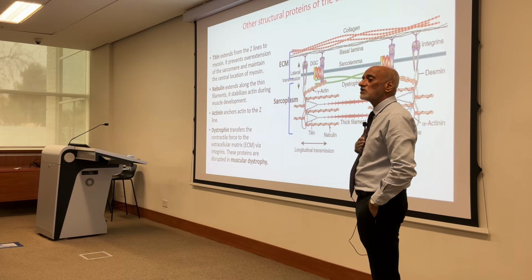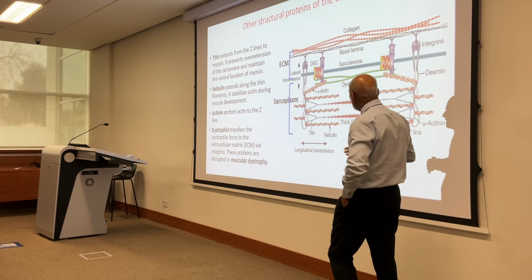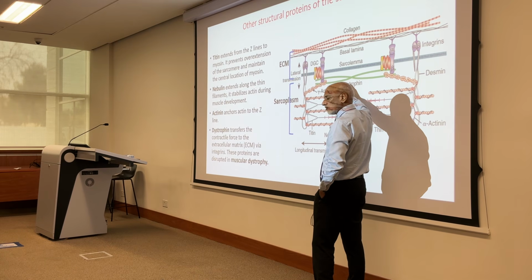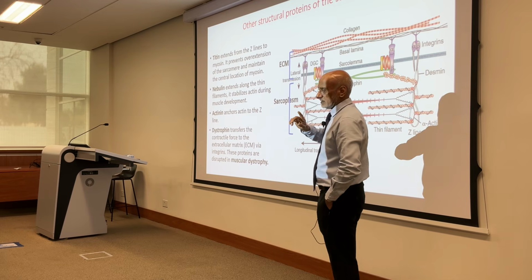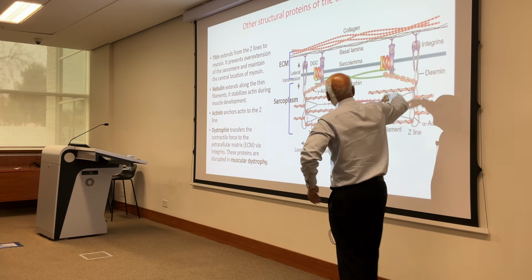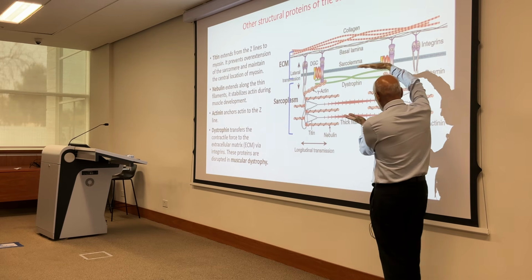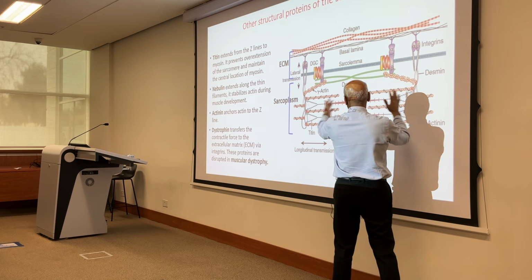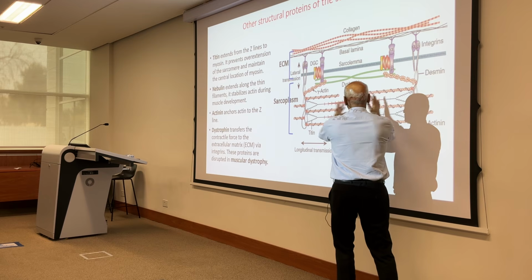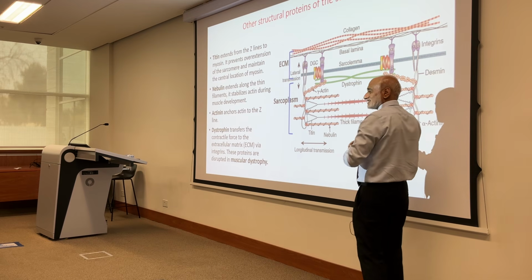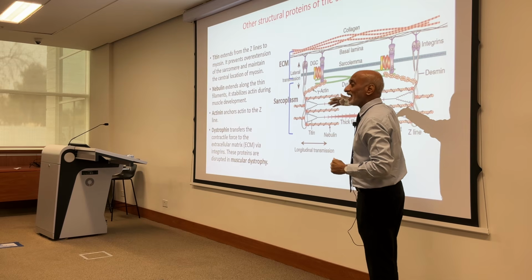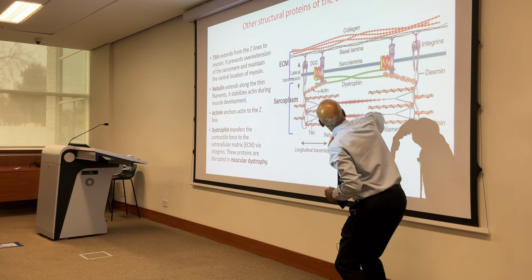Now, the one I want to emphasize is this protein called dystrophin. Now, understand something here. If this is a muscle cell, and these things are becoming shorter and longer, in other words, contracting and relaxing, that force must be applied to the connective tissue on the outside.